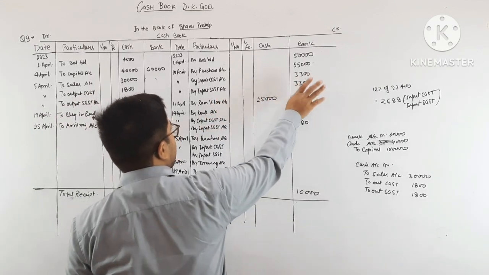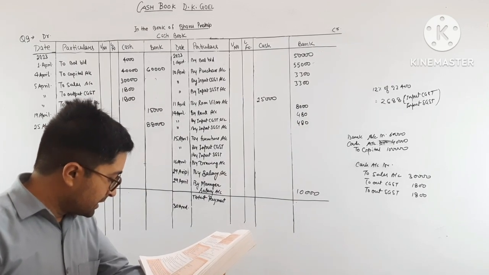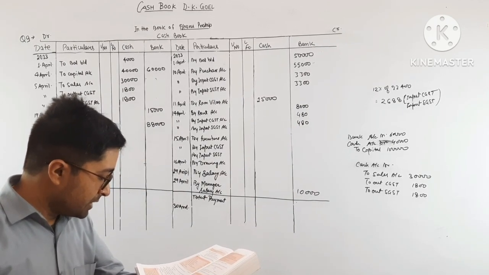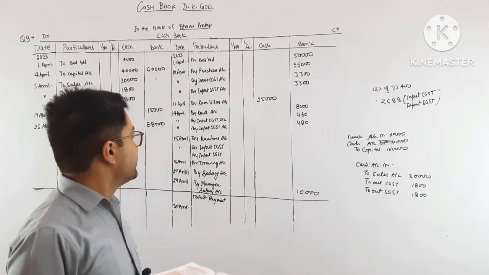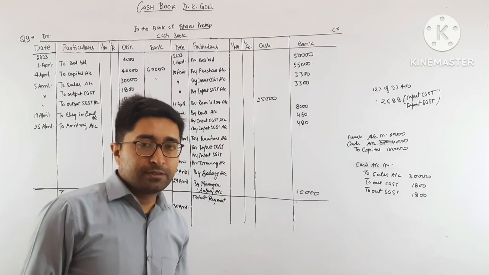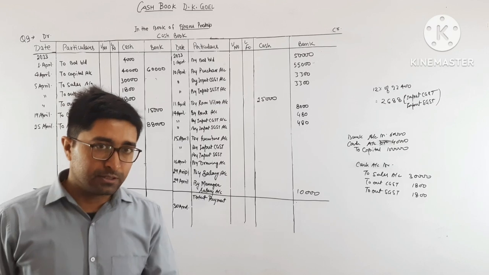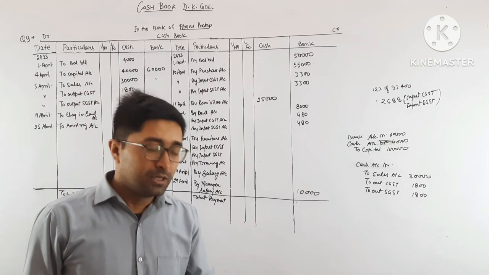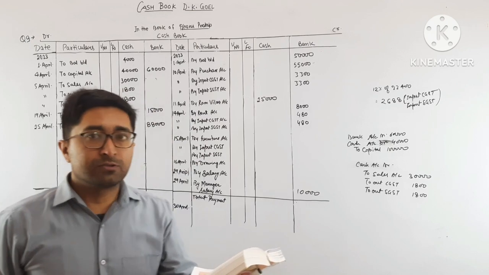Clear है, 6% is 3,300. Clear. The next is paid to Ram Vilas, our creditor, 25,000 and discount allowed by him is 1,000. Okay, Ram Vilas was my creditor of 26,000. ठीक है. He allowed me a discount of 1,000.